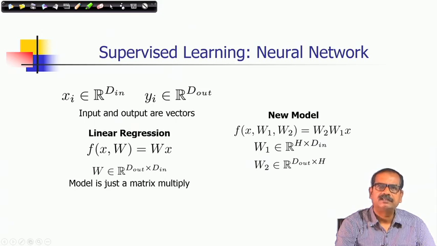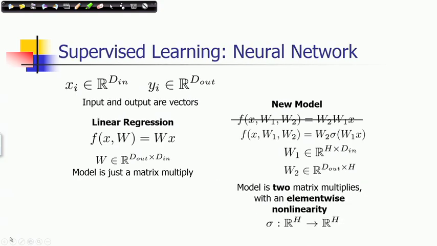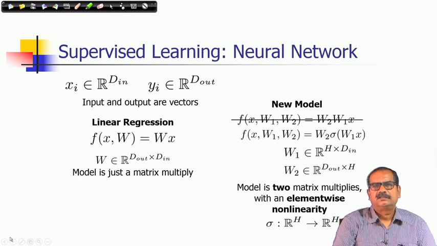If you are using a multi-layer neural network, the first layer is W1, and since this is linear, the next layer you multiply with W2, but W2 W1 can be combined as a single matrix W. So it remains the same learning problem. Even if you increase the layers, it is not increasing the capacity of problem solving; the power remains the same. By introducing nonlinearity here, you give another complexity to your model and increase its power of solving the problem.